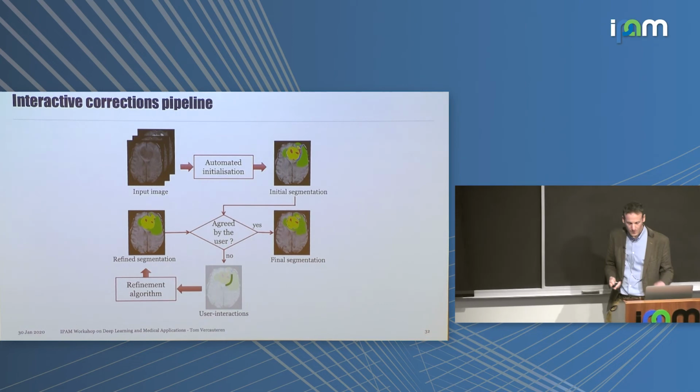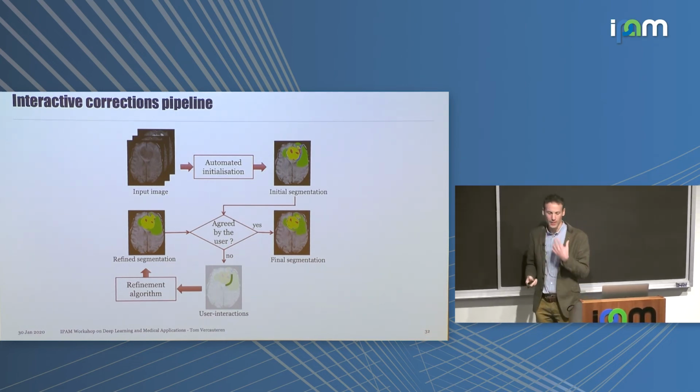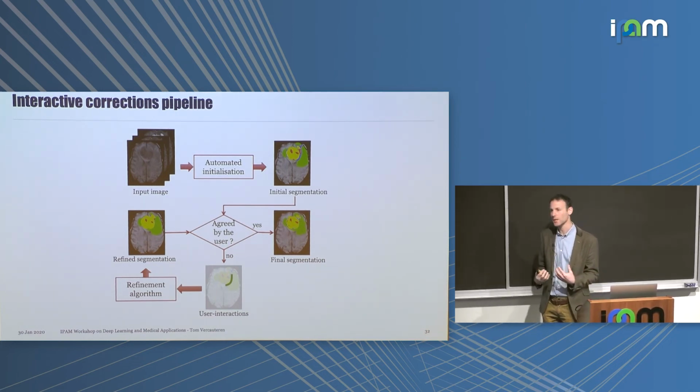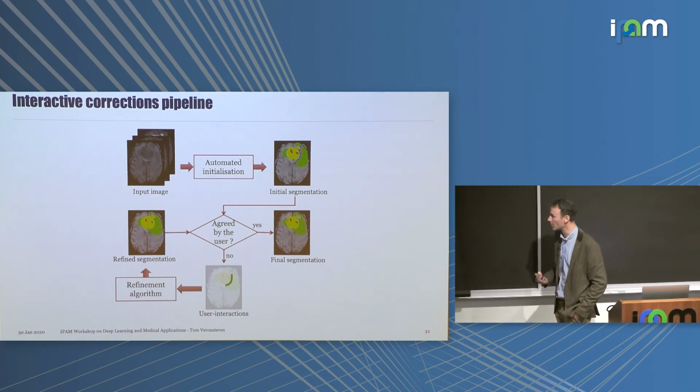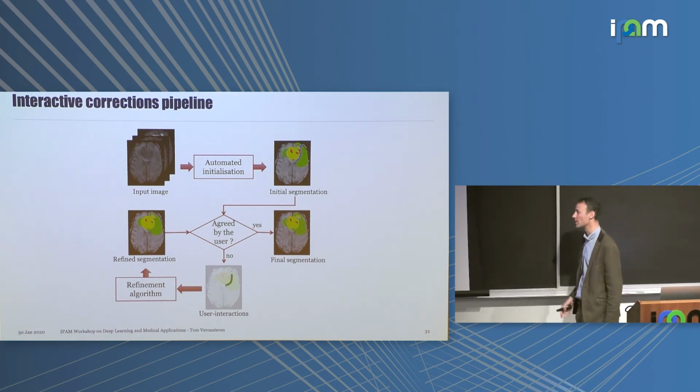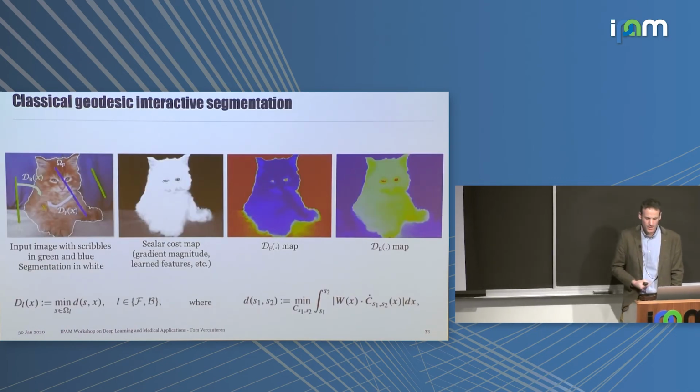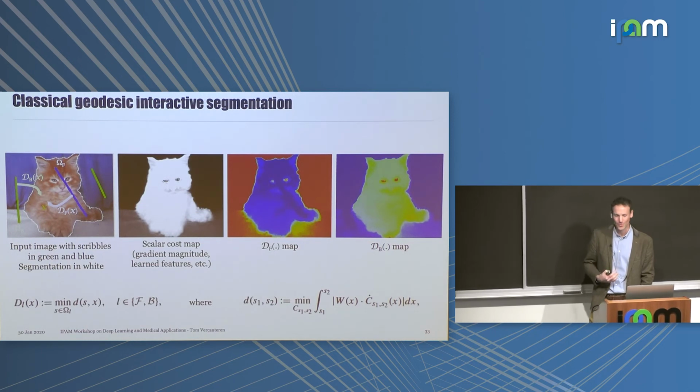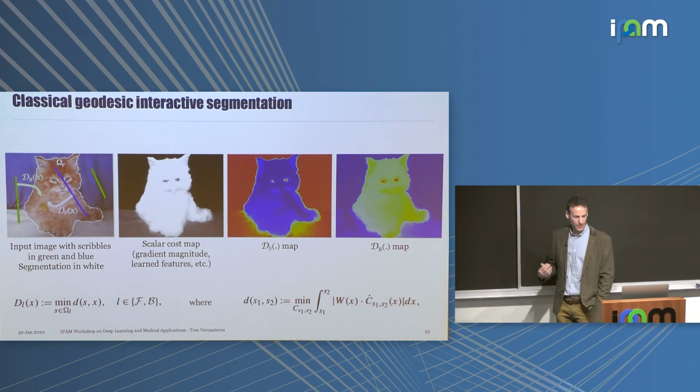We were inspired by two classical ways of doing user interactions, so I'll show you two different ways of implementing that in practice. The first classical tool we used was geodesic distances.